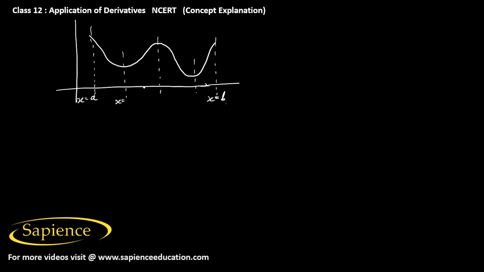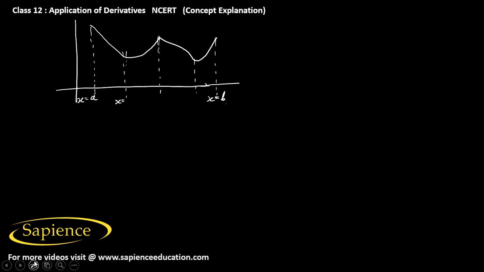Suppose it is like this. So at this point we have a kink. It means we have a sharp edge.